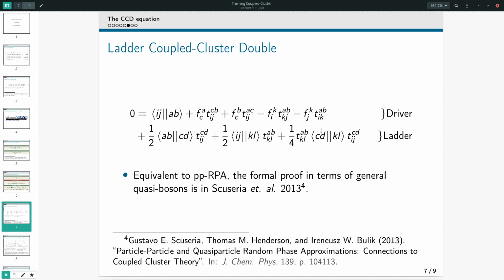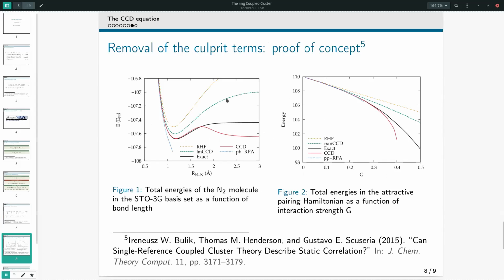And so we can think that if we know that the RPA is unstable in a case, we can just remove the term linked to this formulation of RPA in our coupled cluster calculation, and think that it will remove the problem. To see the proof of concept, we can look at those two curves from a paper by Bulik, Henderson, and Scuseria.